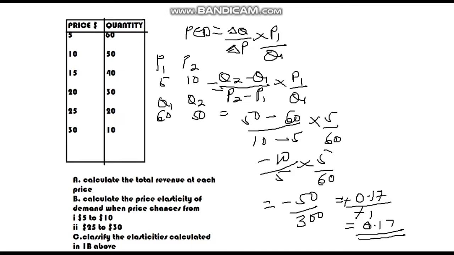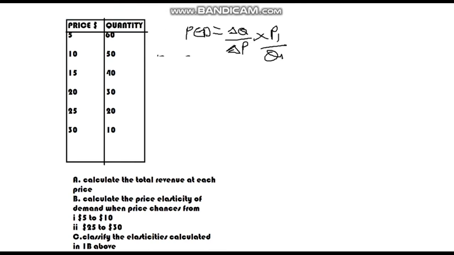So let us try and do the second one, which is from 25 to 30. I'm going to clear all these, then we are going to start all over again. All right, so let us move on to the next one.